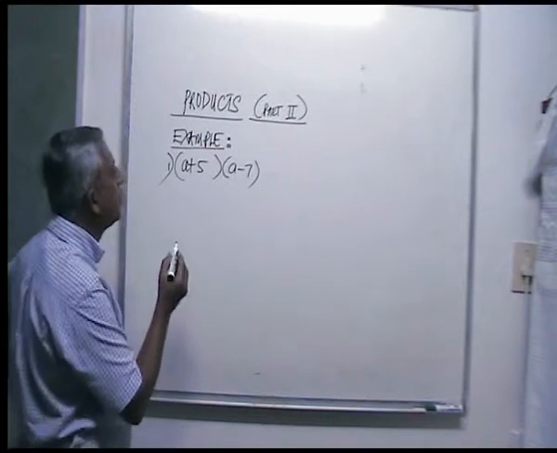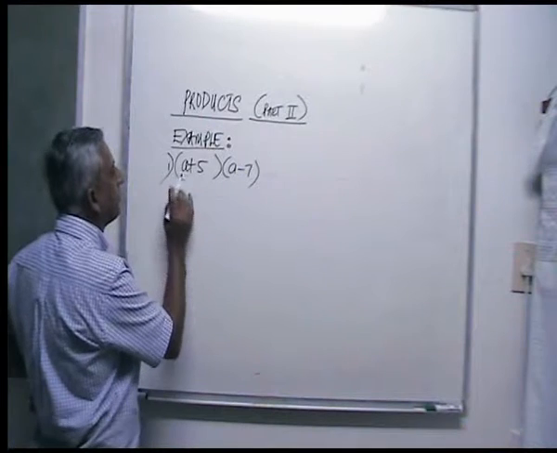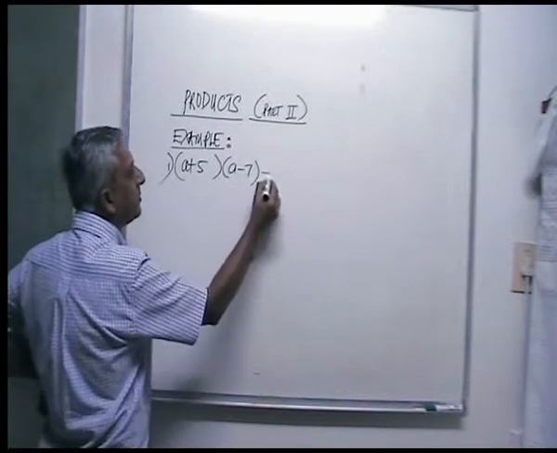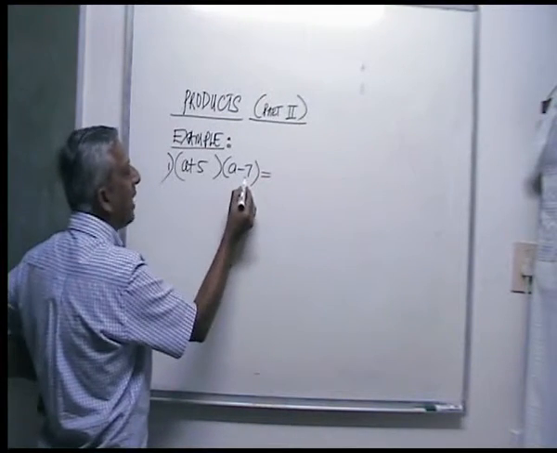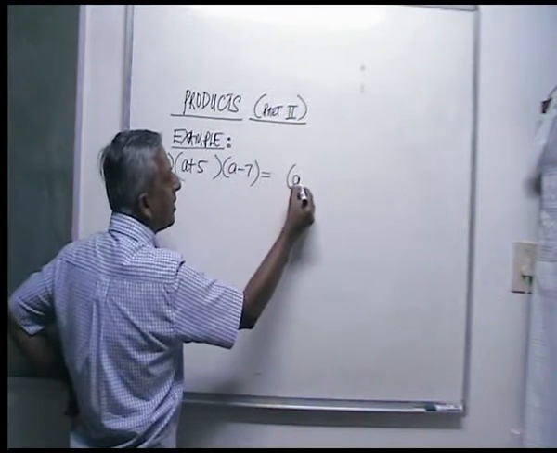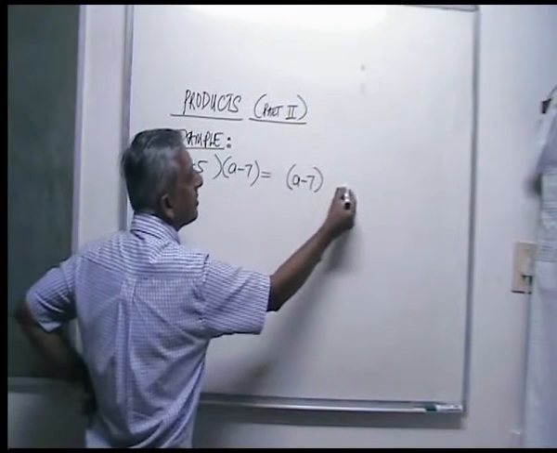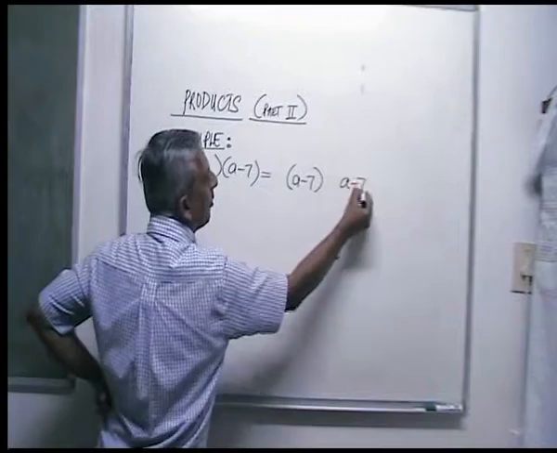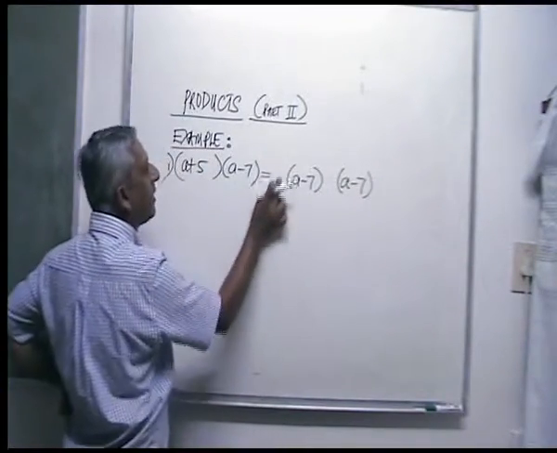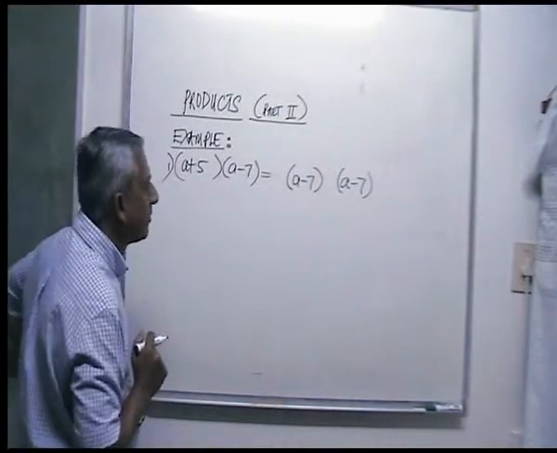Well, what you do is you take the second bracket, okay, you take the second bracket and write it down 2 times. (a - 7), (a - 7). And you can see I've left enough space over here and over here.